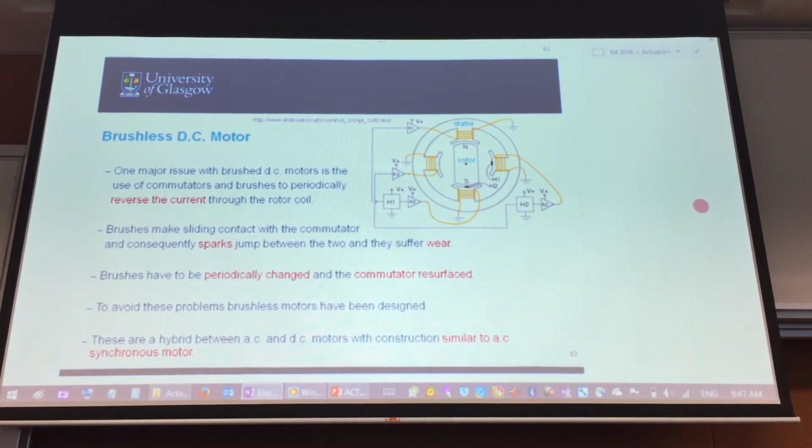If it's in the rotor, heat needs to transfer out through the air gap, through the stator, through the shell of your motor, out into the atmosphere in order to cool down.